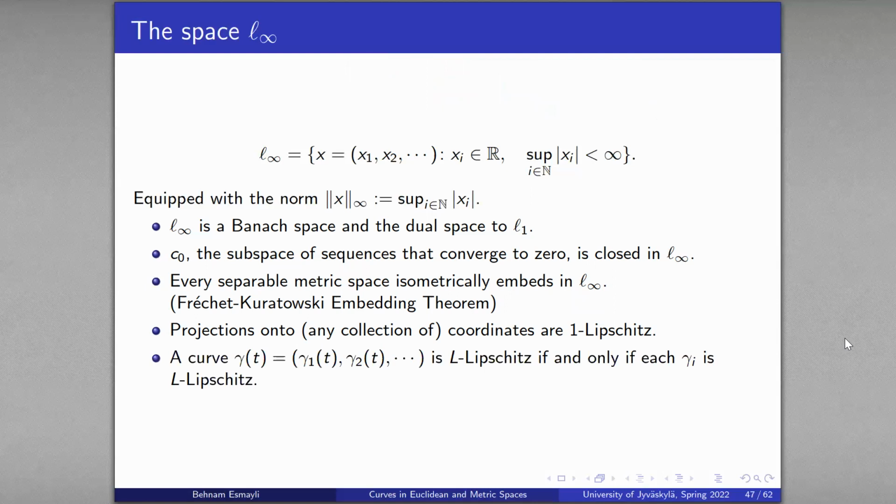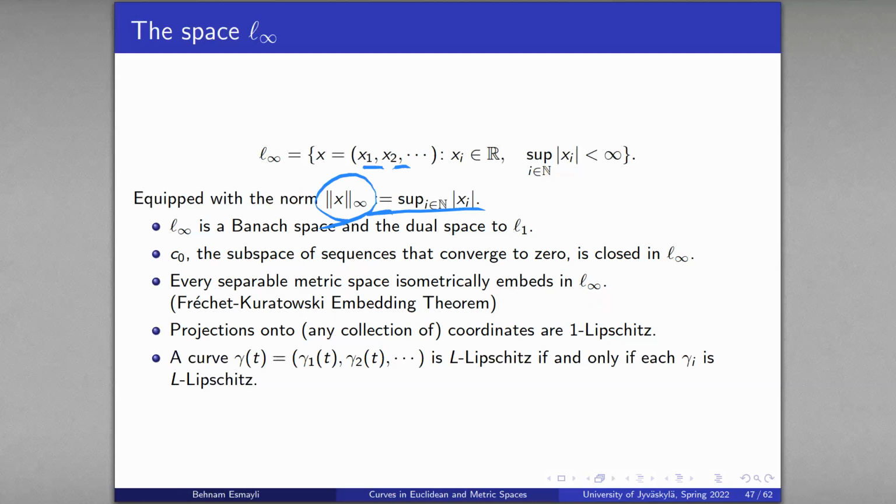A curve into L infinity is L Lipschitz if and only if each component is L Lipschitz. These all follow from this particular definition of the norm, that it just takes the biggest of these. And we will see the effect of this in a future example. But the point is, they never add up.